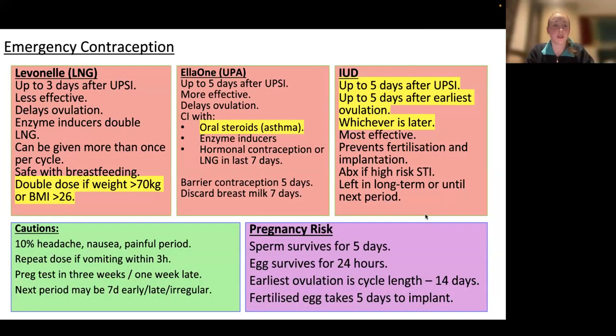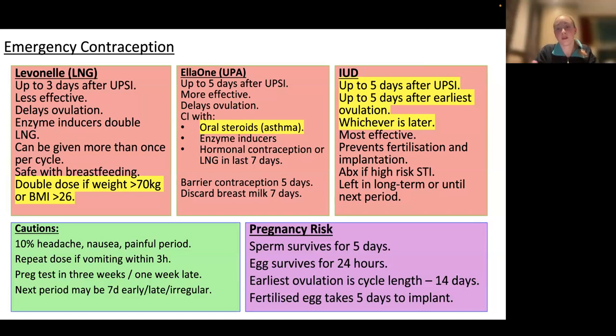So in terms of emergency contraception, I think what Jane Kavanagh teaches you to do, which I find very helpful, is to draw your line: the last day of the menstrual period is day 1. Then you want to work out someone's pregnancy risk. The general rules are that sperm survives for 5 days, and it then takes 5 days to implant.